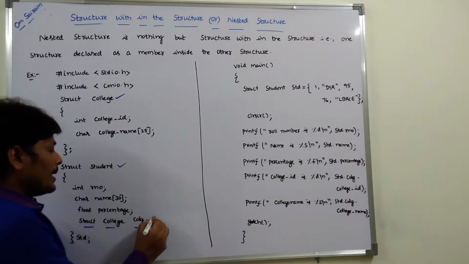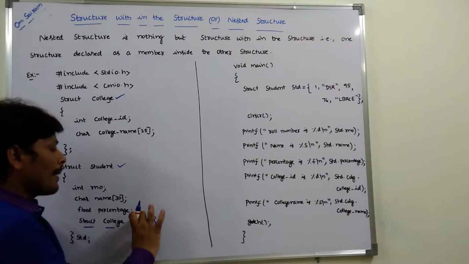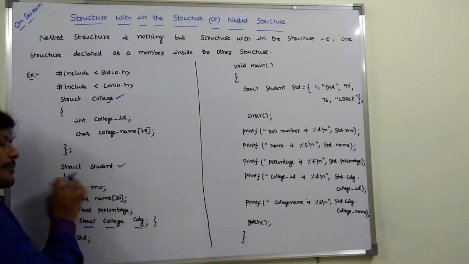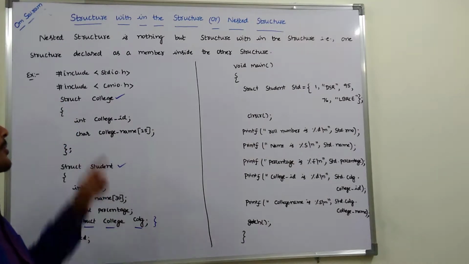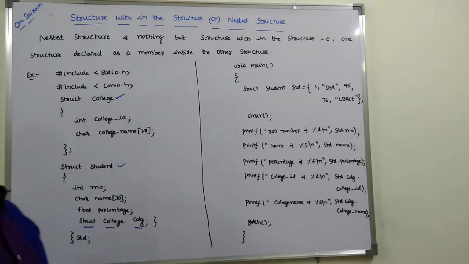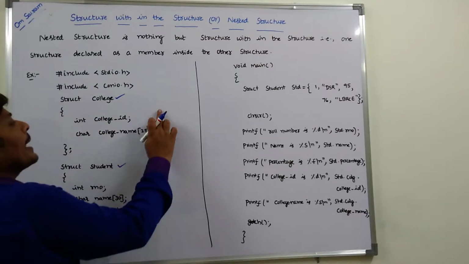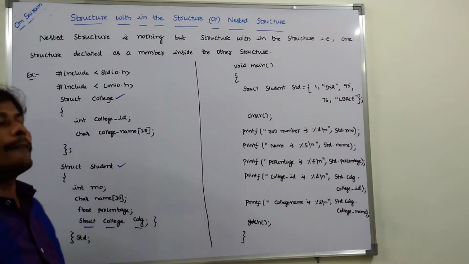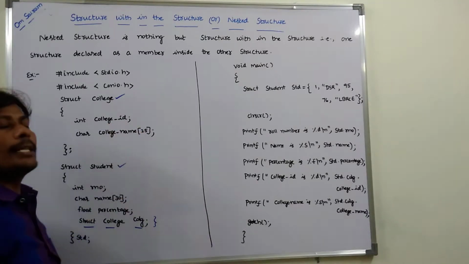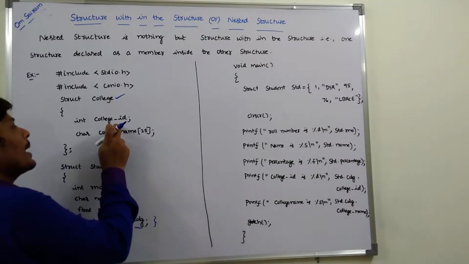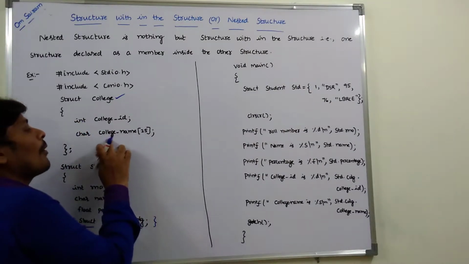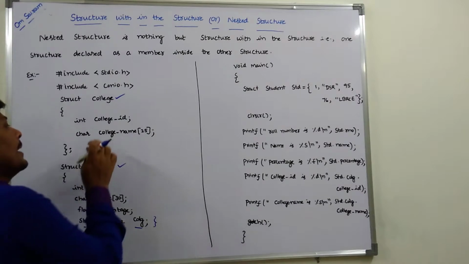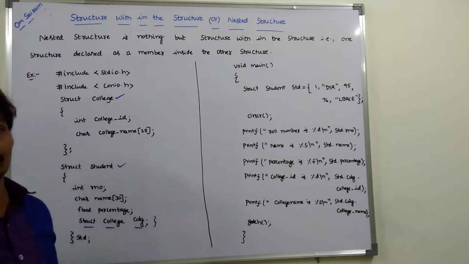So this can be added as a member in this structure. The first structure's name is college. It contains two members. The first member is college ID, its data type is integer. The second member is college name and its data type is char.